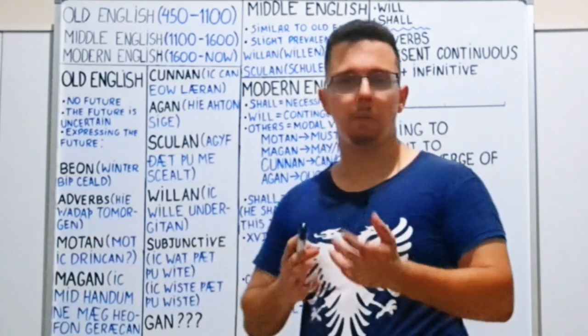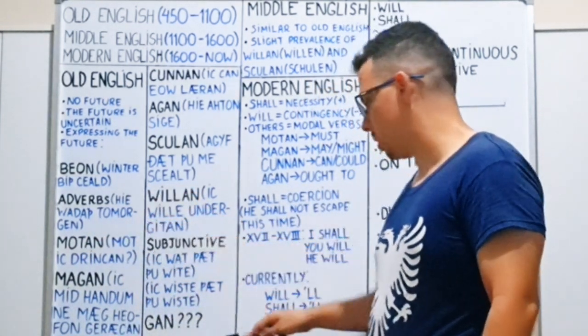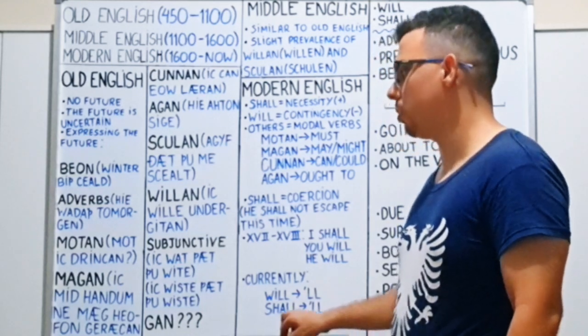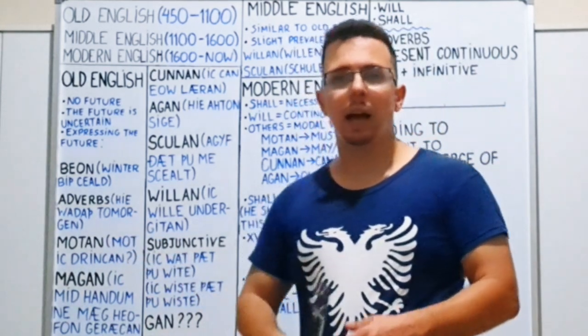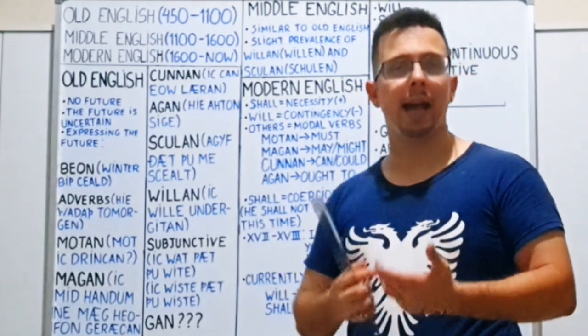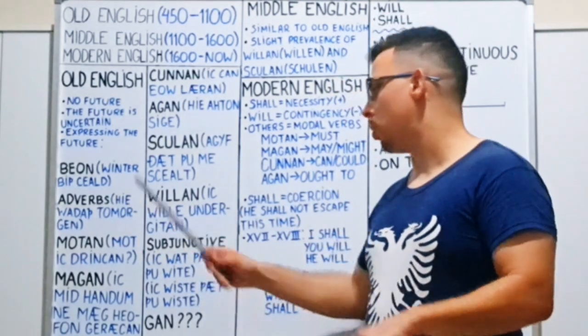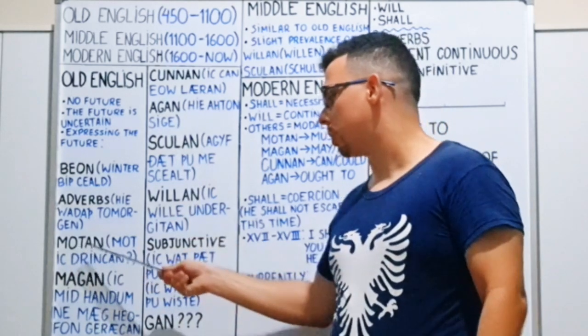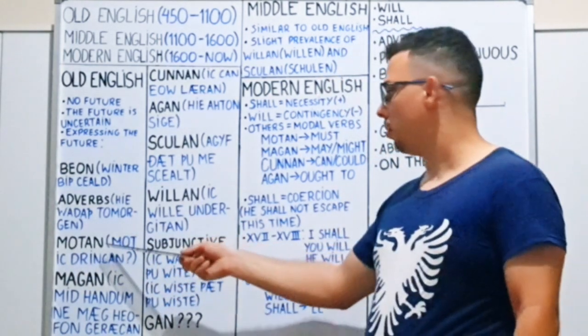Motan didn't mean must. At that time, the meaning of motan was closer, much closer to having the permission, as we have today the word may. May I come in? May I do that? So, motan. And here is an example, a real example.